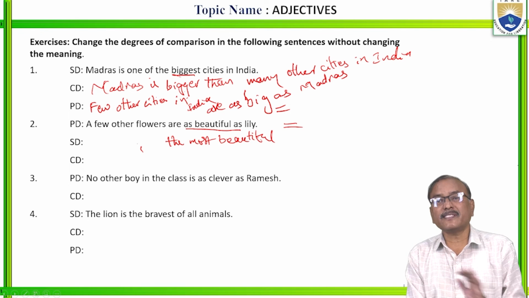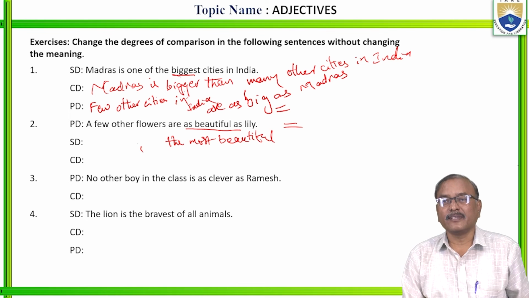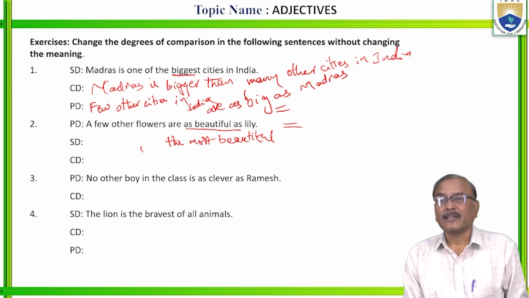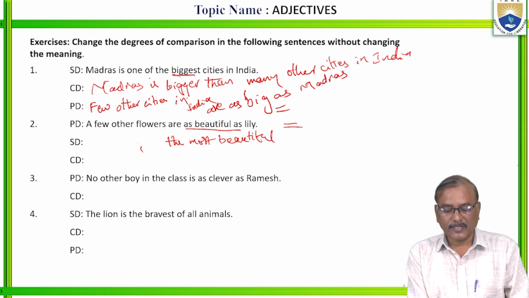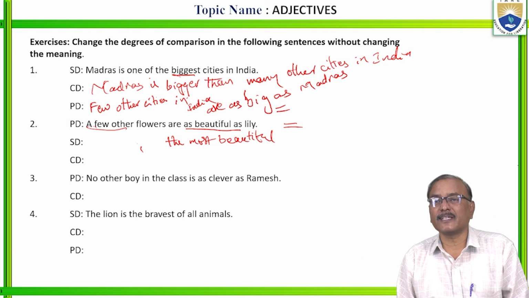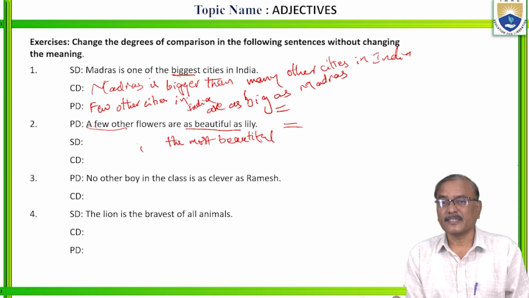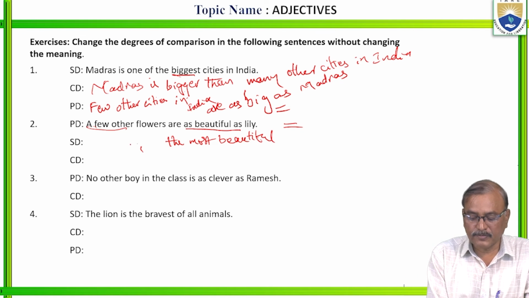The most beautiful means, okay, no others are equal to lily. Is it clear? But in positive degree what is there? Some are equal to lily. Few other flowers are equal to lily. So it is not the most beautiful flower. It is one of the most beautiful.